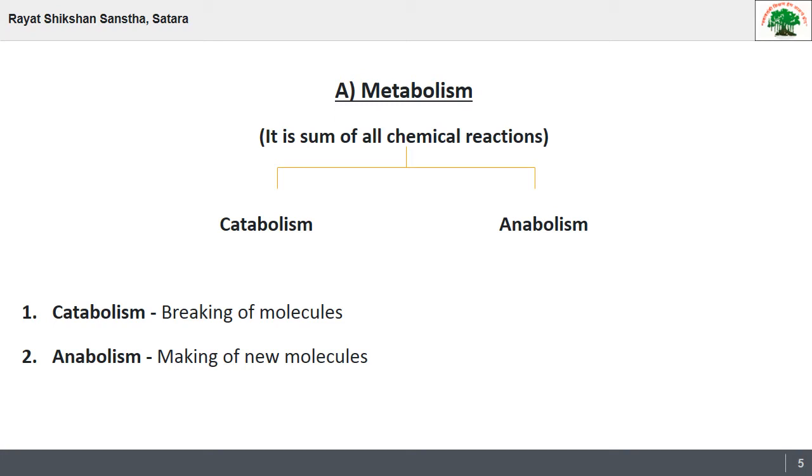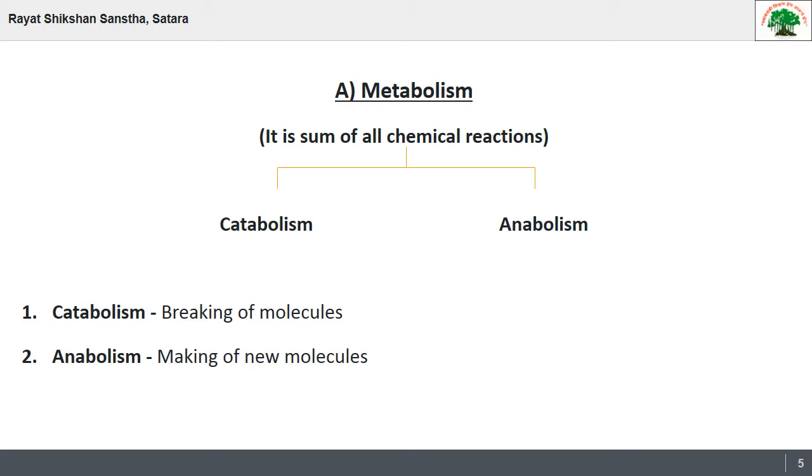Metabolism is the term used to describe all chemical reactions, or it is the sum of all chemical reactions. There are two types of metabolism. The first one is catabolism, and the second one is anabolism. Catabolism means breakdown of molecules, so by this breakdown of molecules we can get energy. And anabolism means making of a new molecule.